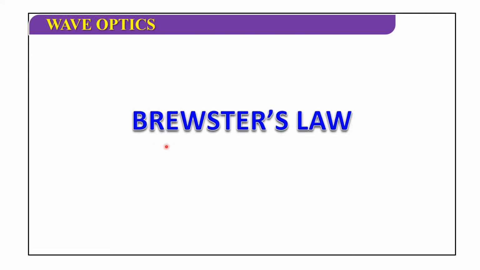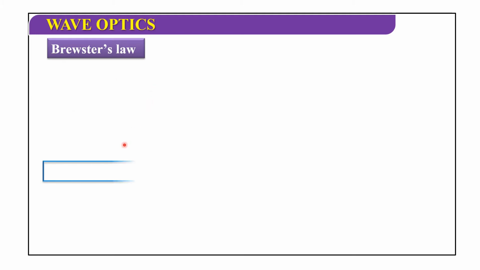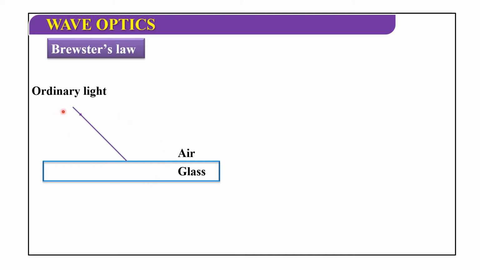Now discuss Brewster's law. Here, taking the ordinary light, which is incident on the air-glass interface.